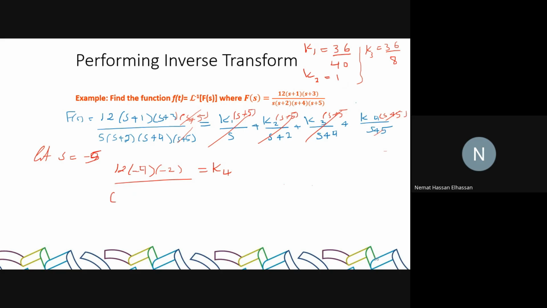And then here we have what? Minus 5 times minus 5 plus minus 3 and minus 1, which is equal to 12 times minus 4 times minus 2 is, are you sure? 12 times 8 is 96, divided by 5 times 3 times minus 15.